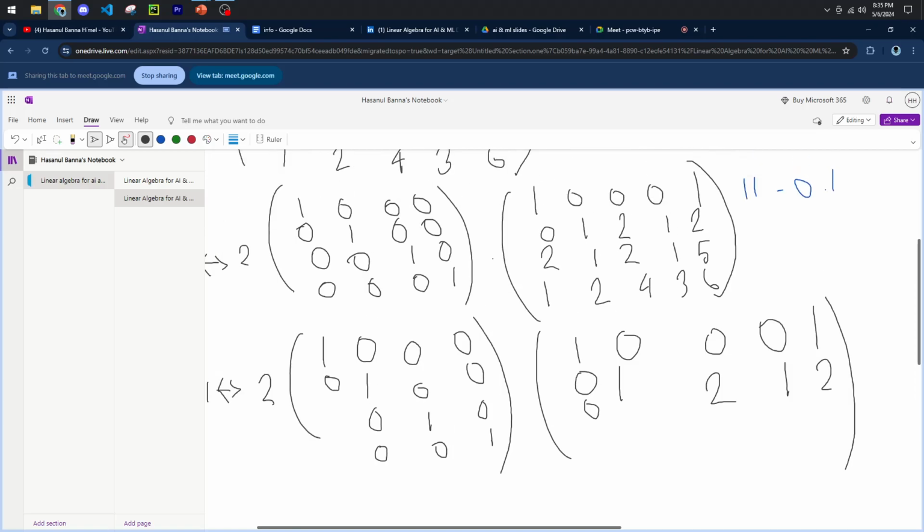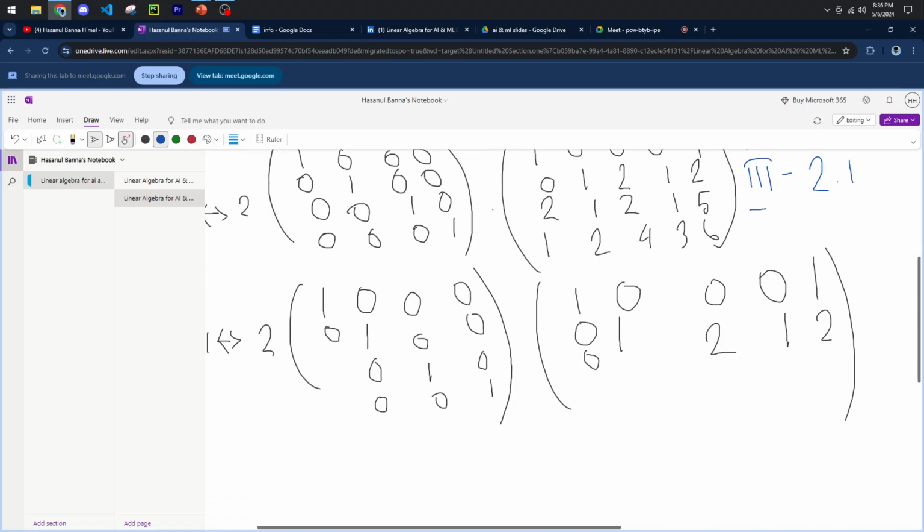Now let's move to the third row. For the third row, our first row will be multiplied by 2 and subtracted from the third row. While we do this, the third row minus 2 multiplied by our first row, and then we will get, as we got 2, we will put it here, and after the calculation we will get 0 1 2 1 3.